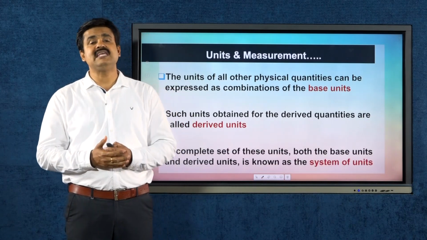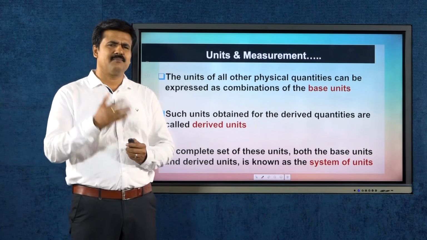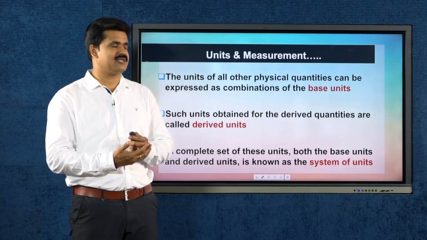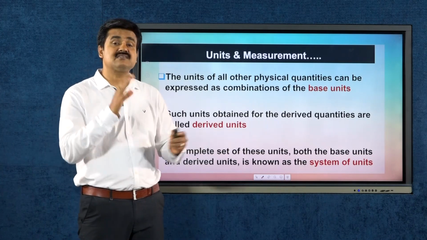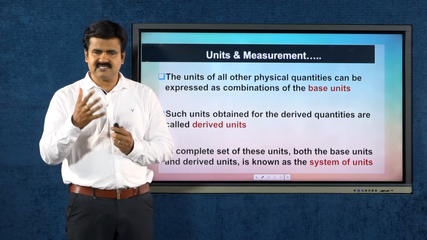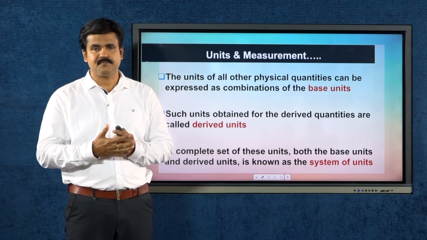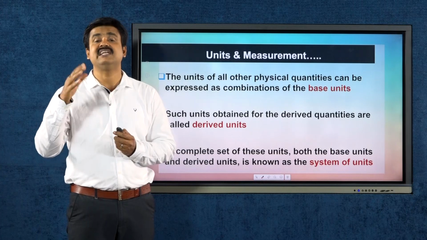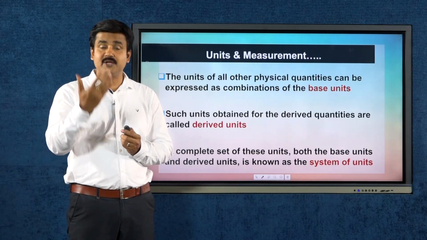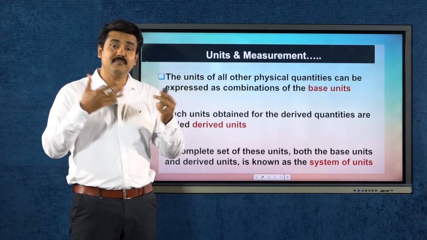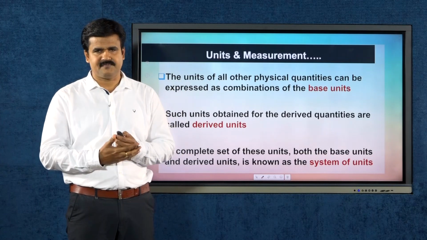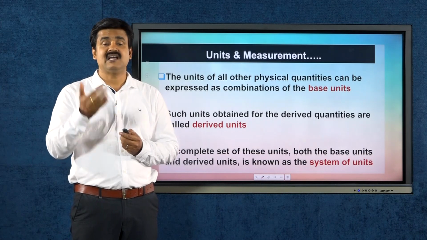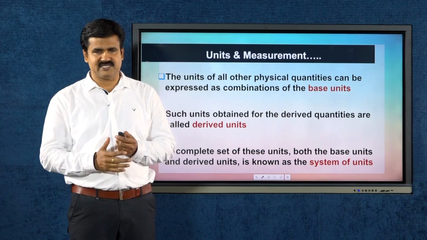A complete set of these units, both the base units and the possible derived units, is known as a system of units. Thus, in a system of units, there are some basic units and there are several derived units. Derived units are obtained by combination of base units. So, a system of units comprises base units as well as derived units.